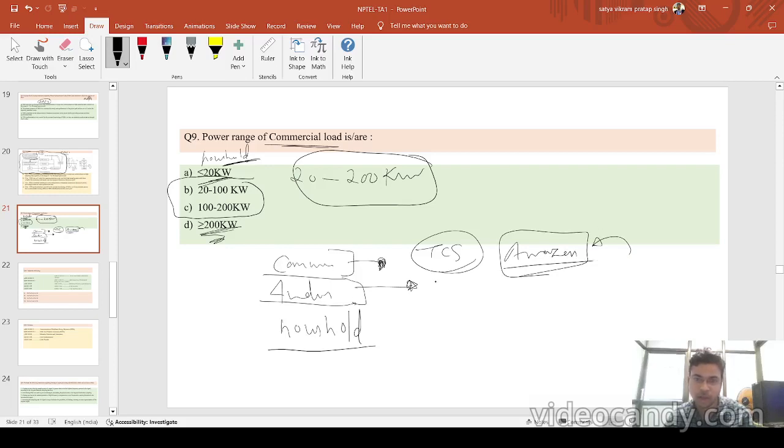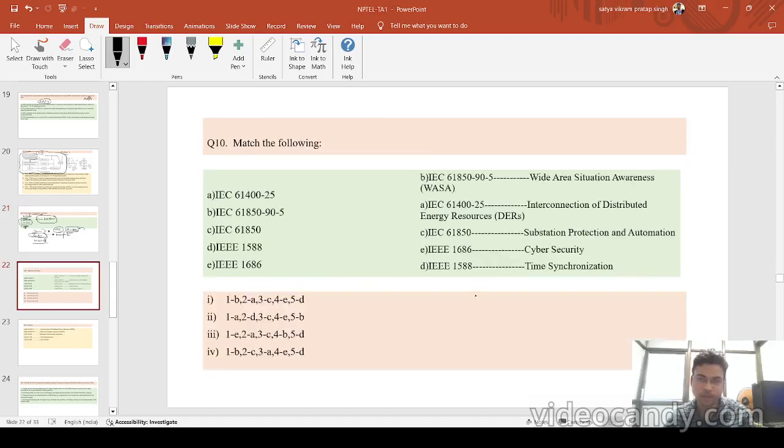Industrial is manufacturing bases, so it requires a higher amount of power, greater than 200 kilowatt. Okay, is it okay?